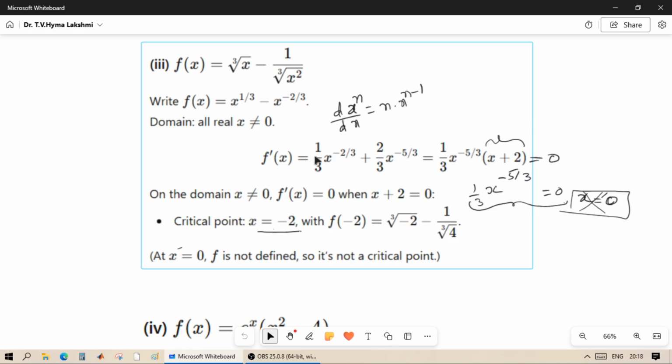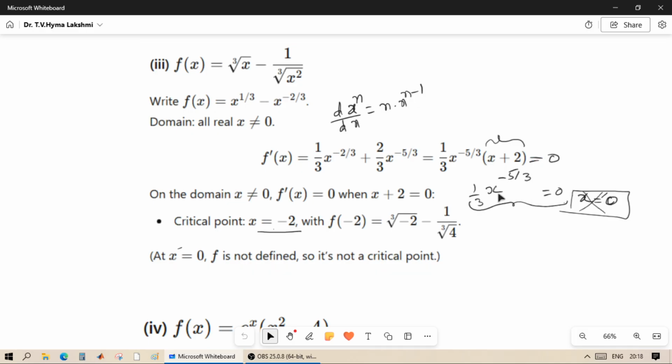If we take this 1 by 3 into x power minus 5 by 3 as the common, then we get 1 by 3 into x power minus 5 by 3 into x plus 2. And if we write this term equal to 0, x power minus 5 by 3 equal to 0, then x equal to 0.